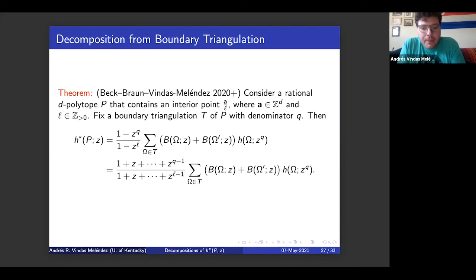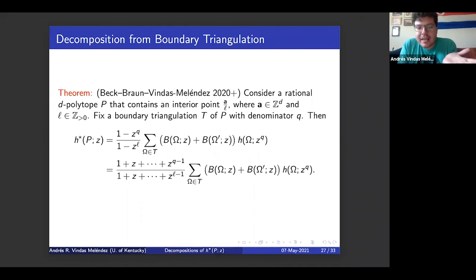So this is just the H star polynomial. It's a sum of these box polynomials coming from things where I care about that specified point A comma L and the stuff that doesn't, okay? And we're multiplying it by, and it turns out that you have to multiply by this rational form here. The beauty of this is that it always simplifies, okay?